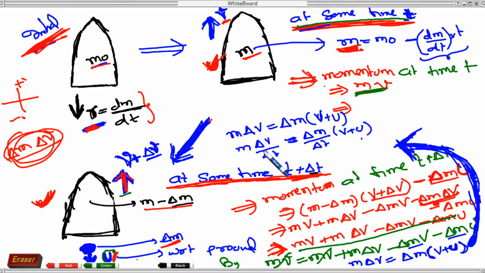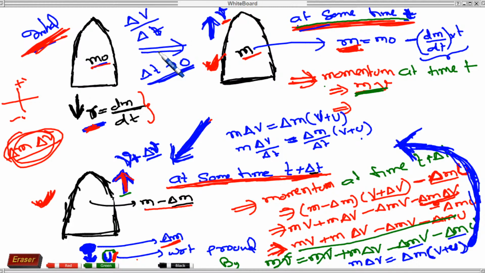So you can see, like I told you initially, when we are considering delta v over delta t and this delta t tends to 0, tends to 0 means it will not be 0, but a very small value that is nearly 0.